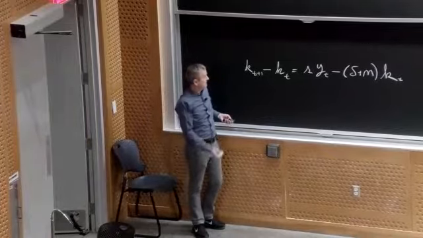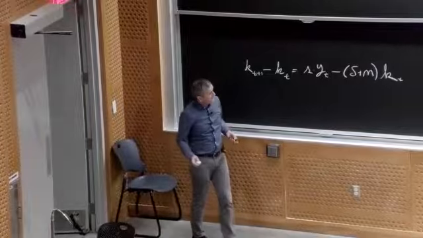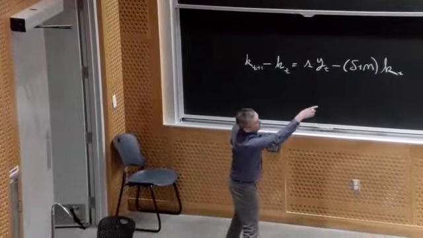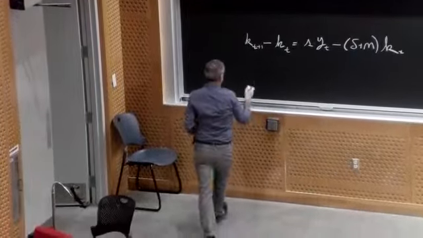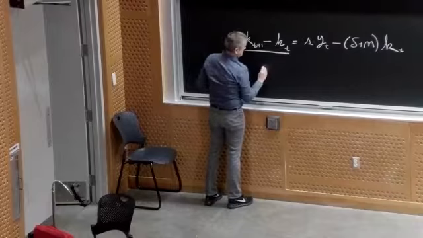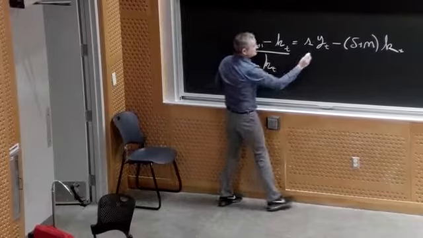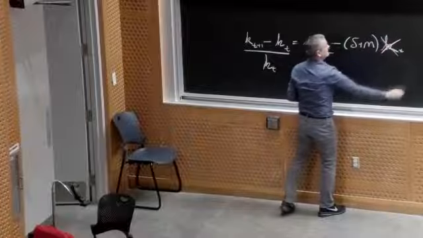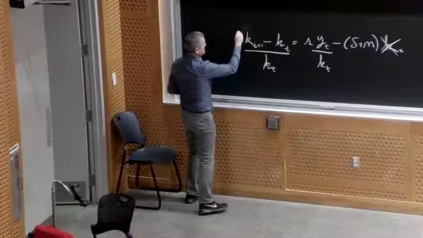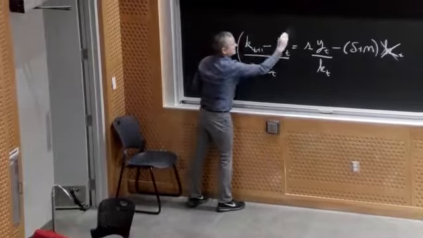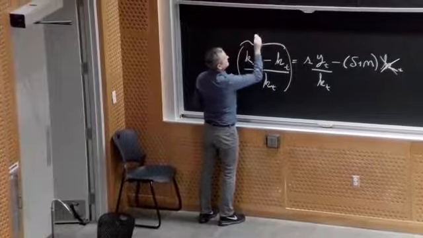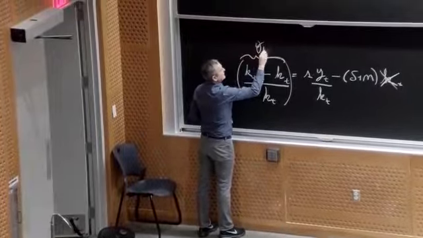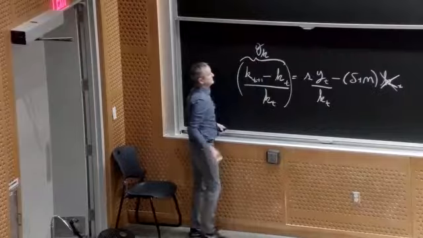So what I can do is divide both sides by k_t. And this is the rate of growth of k.